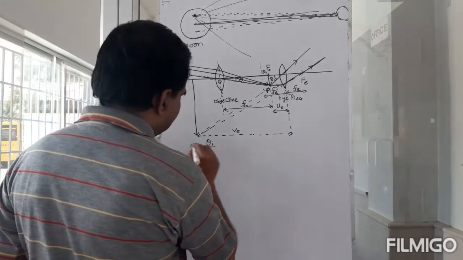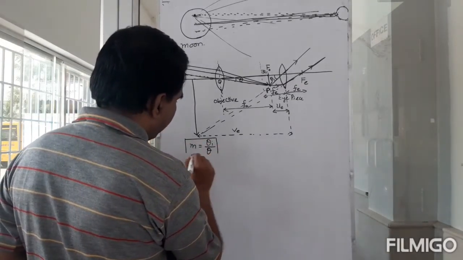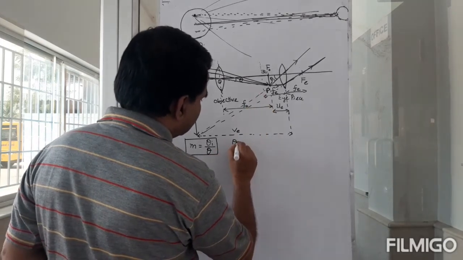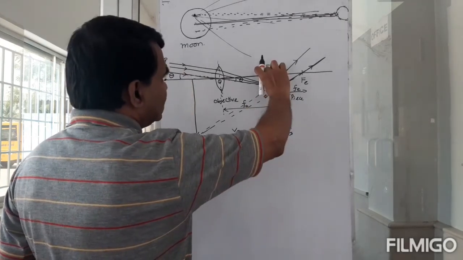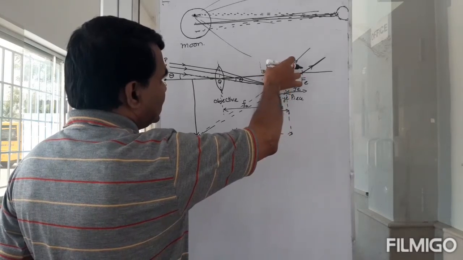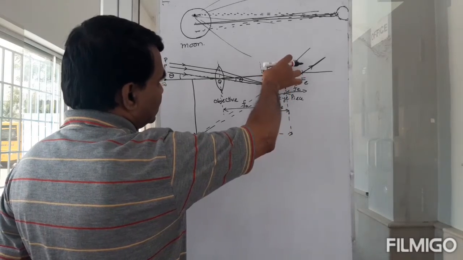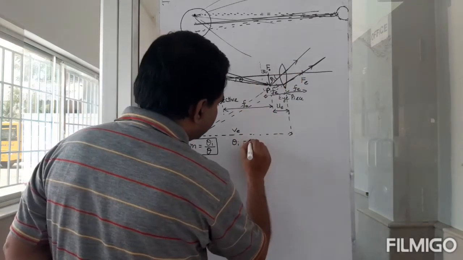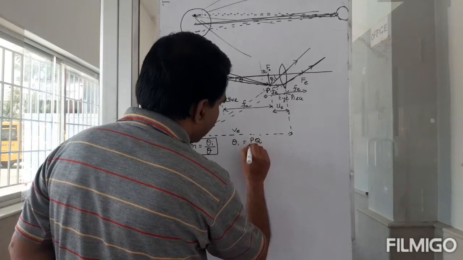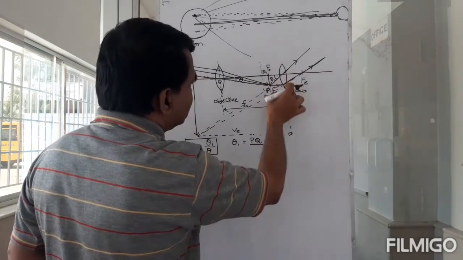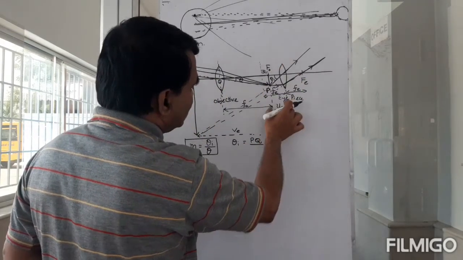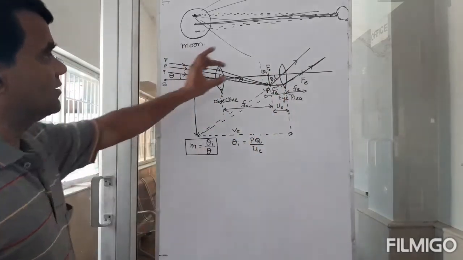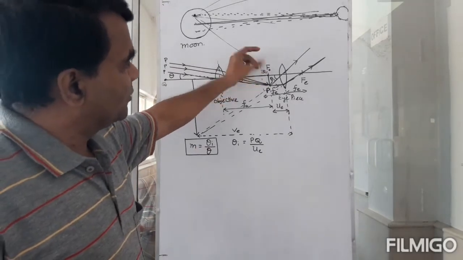Then what is theta I? Theta I is simply this divided by this one, that is PQ divided by, what is this? It's UE. Right? Tan theta I is PQ divided by UE.